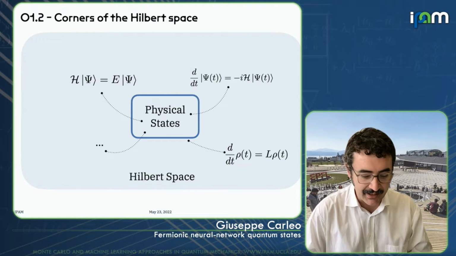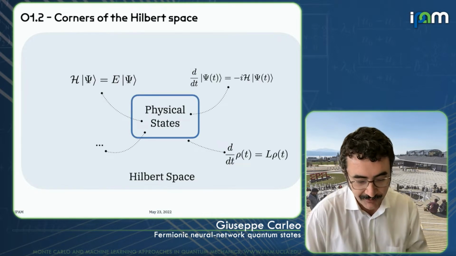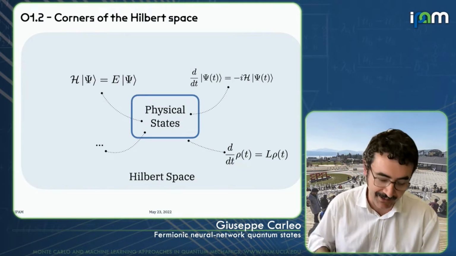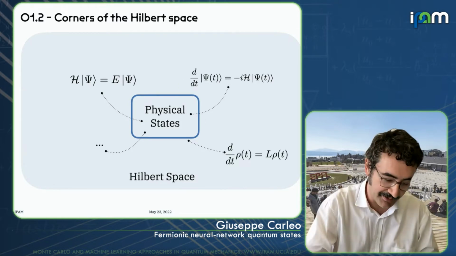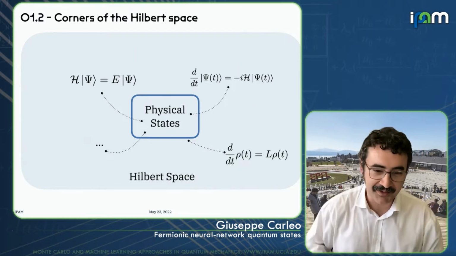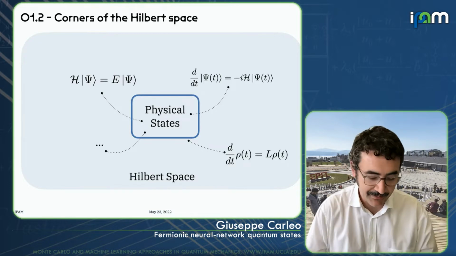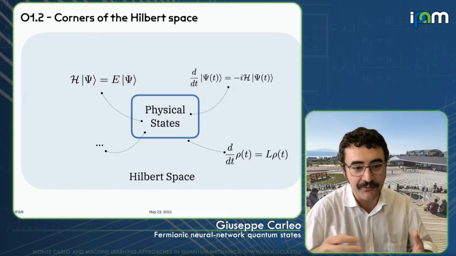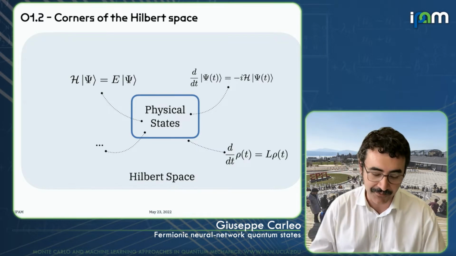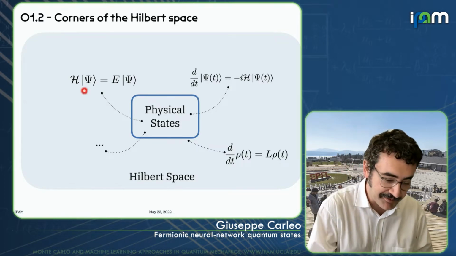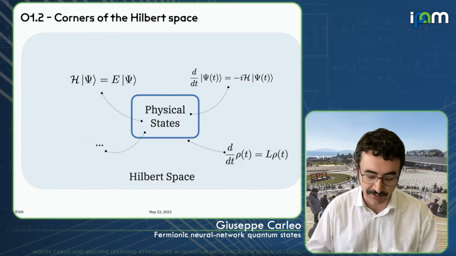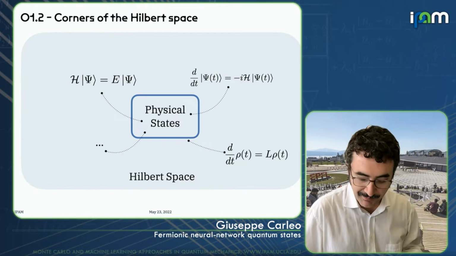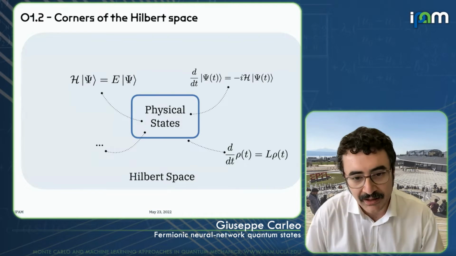However, there is a very useful simplification that comes from the fact that we are typically not interested in describing a random state in this vast land which is the Hilbert space. We are interested in preparing, both experimentally and theoretically, for example ground states of given Hamiltonians, or studying the dynamics of a given Hamiltonian, or some time-dependent open quantum system.